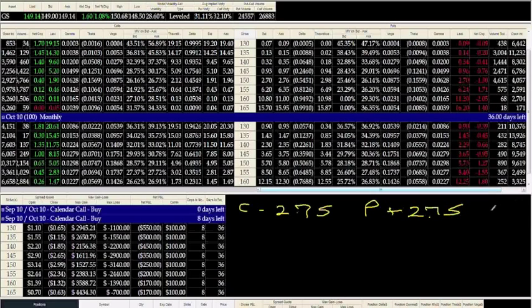So we bought the call spread, we sold the put spread for zero. So what do we have on? Well, we're long the October 145 call, we're short the September 145 call. Just want to mark these up so we got it. We're short this put and we're long this put.